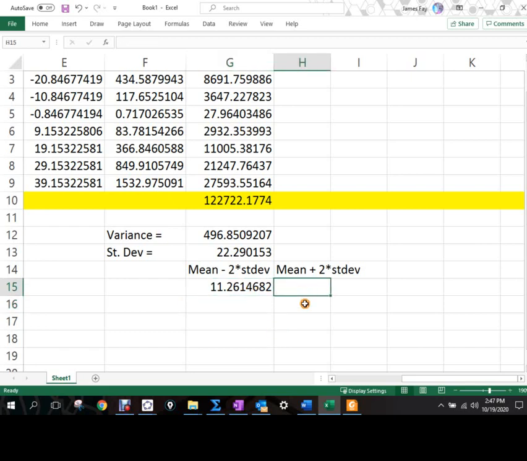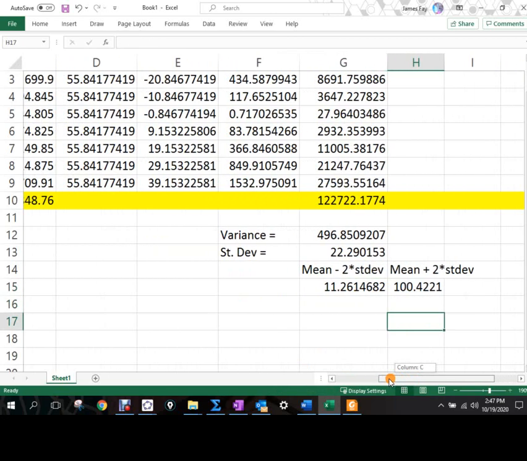Now I'm going to copy that and put it in this cell, but what do I want to do? I want to add 2 standard deviations, right? So think about what we're doing. That mean was 55-ish. This is saying subtract this number from it twice, so it gives me down to 11, right? This is saying take that 55 and add this number to it twice, and it gets me to that number there. So right now, what we've got is a range of data values.